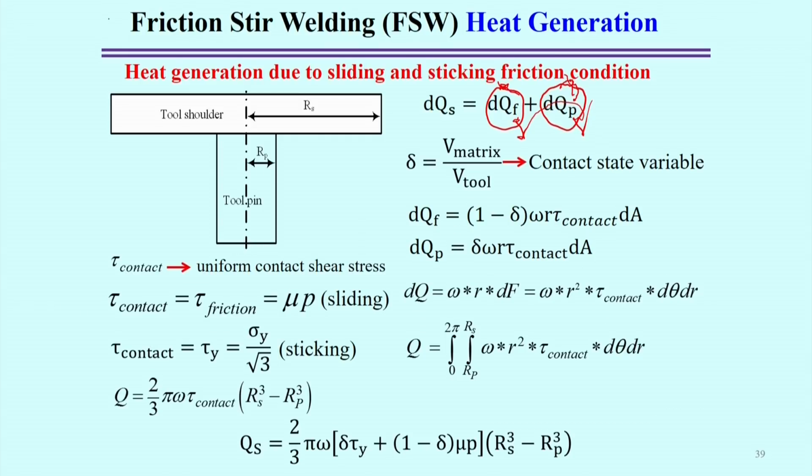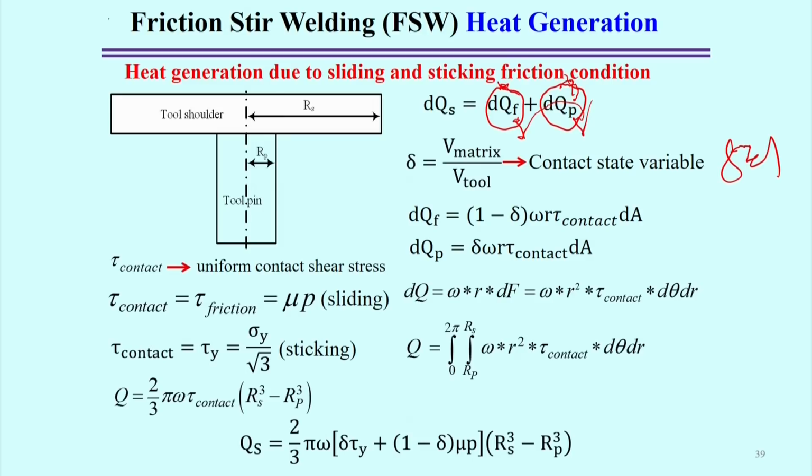So, in that sense we can define a contact state variable delta, that is V matrix by V tool, the ratio of the velocity of the matrix material side and the velocity of the tool side. If delta equals 1, that means V matrix equals V tool, which indicates that the metal is moving with the same velocity as the tool, so the sticking condition prevails.